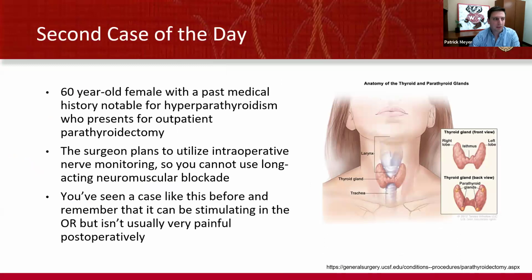So we get to shift our attention a little bit now to our second case of the day instead. So we have a 60-year-old female with a past medical history notable for hyperparathyroidism, who presents for an outpatient parathyroidectomy, where they're going to take out the hyperactive gland.